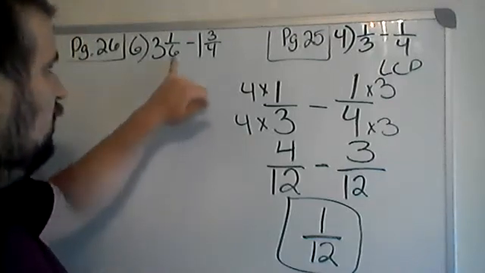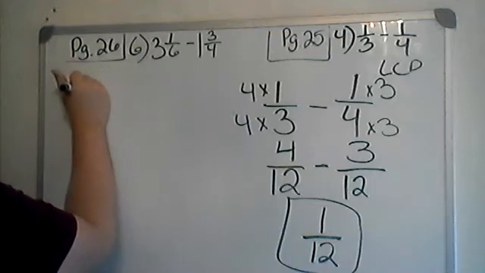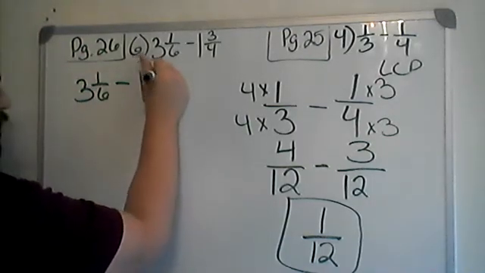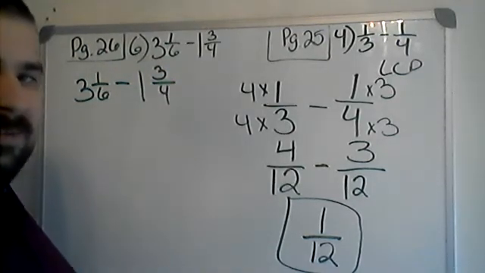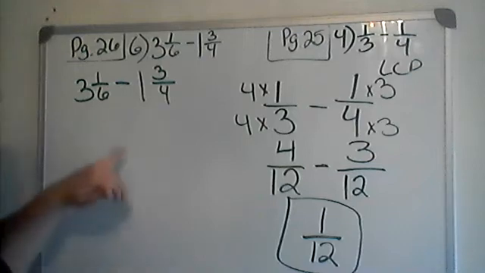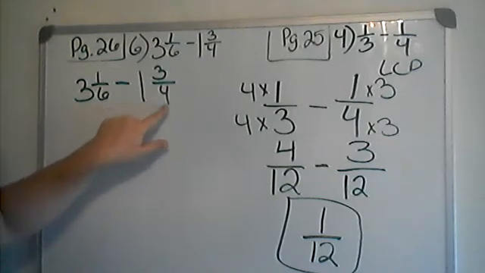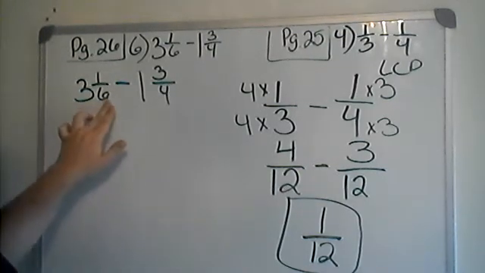So I first have to figure out what my least common denominator is for this. So if I have 3 and 1/6 minus 1 and 3/4, I need to find my highest denominator, which is going to be 6 in this case. So then I look, can 4 go into 6 evenly? Nope.